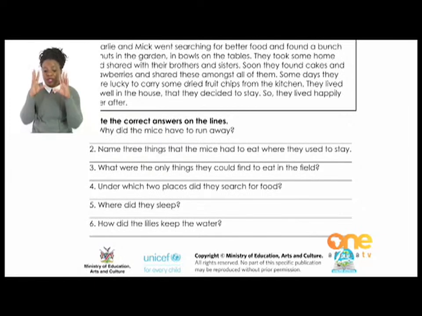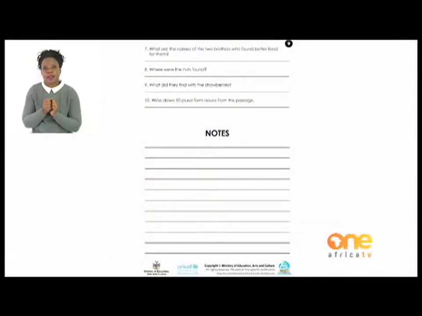How did the lilies keep the water? What are the names of the 2 brothers who found better food for them? Where were the nuts found? What did they find with the strawberries? Write down 10 plural form nouns from the passage.